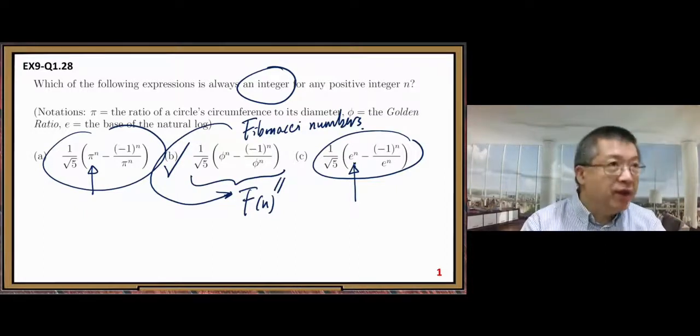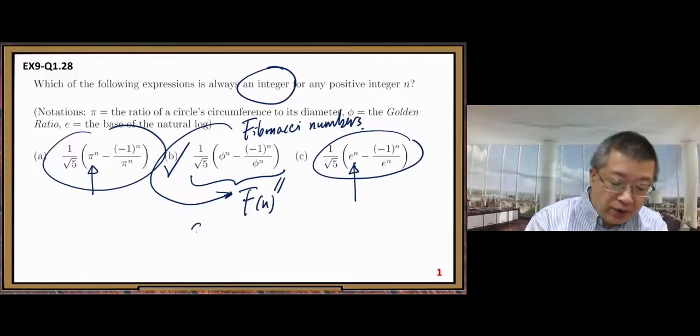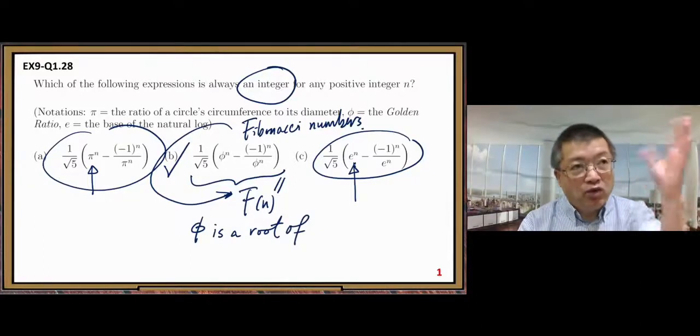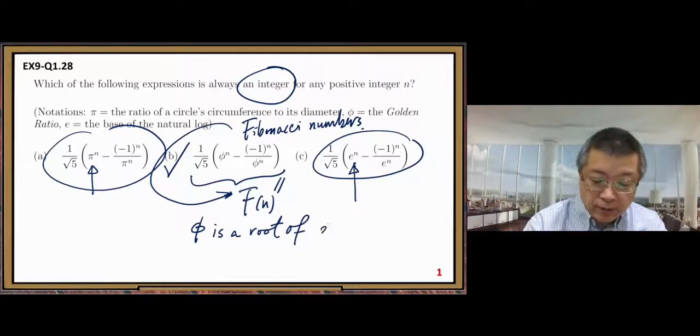And especially for the golden ratio, another intrinsic property here is that the golden ratio phi is a root of the quadratic equation for the Fibonacci numbers.